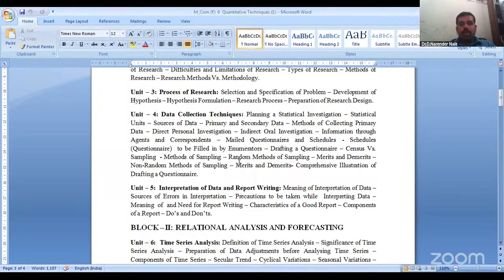Drafting a questionnaire, census and sampling. Then methods of sampling: random methods of sampling, merits and demerits; non-random methods of sampling, merits and demerits. Okay, comprehensive illustration of drafting a questionnaire. So we are going to see this in the data collection techniques chapter.